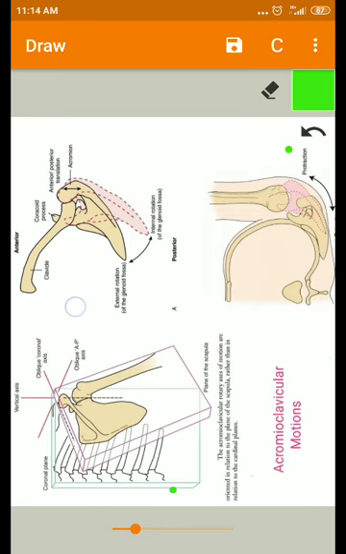And when the glenoid fossa is facing posterolaterally, then it is called external rotation. Based upon this, we can easily identify whether the scapula is internally rotated or externally rotated.